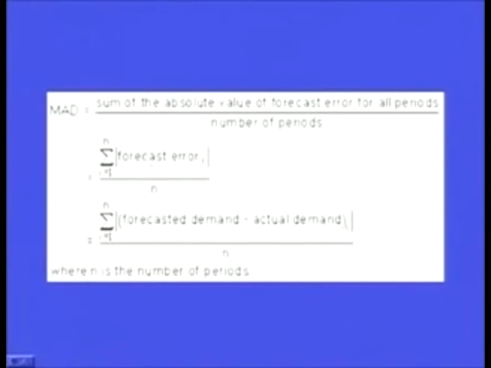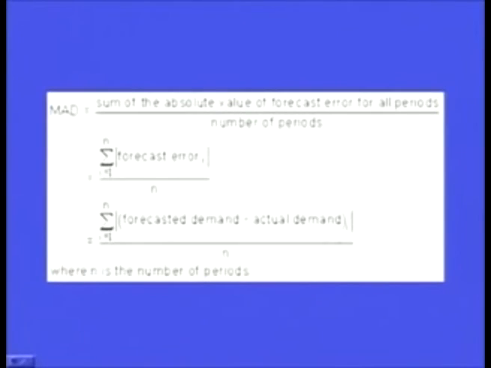And how will this forecast error be calculated? We calculate the forecast error for one particular period, say period i, as the forecasted demand, which we may have forecasted using any of the methods discussed till now, minus the actual demand that occurred. Suppose we have forecasted that next year, in 2009, 5,000 cars will be sold. So 5,000 is the forecasted demand.